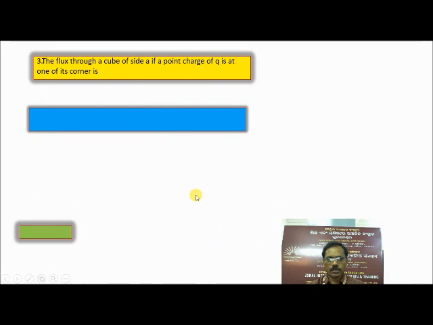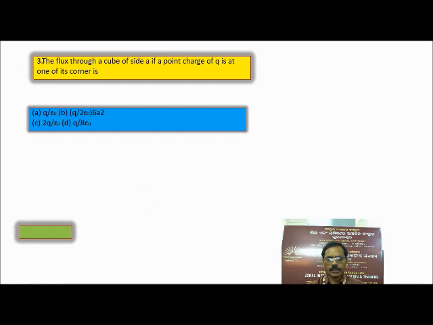The flux through a cube of side A, if a point charge of Q is at one of its corners, is, here given one side A. So what happens to the flux?